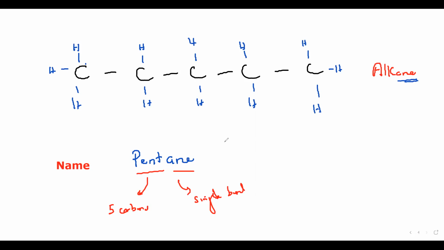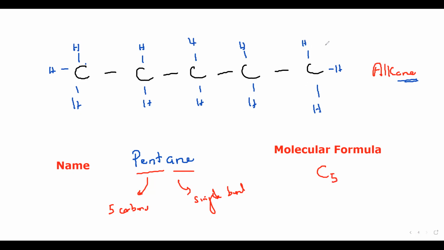Then what is the molecular formula? The molecular formula represents the actual number of atoms of each element. How many carbon atoms are there? 1, 2, 3, 4, 5. So C5.